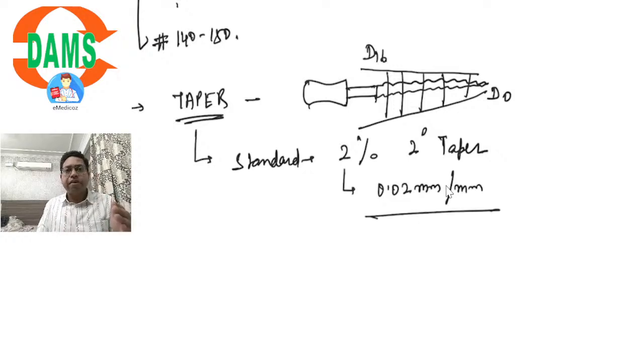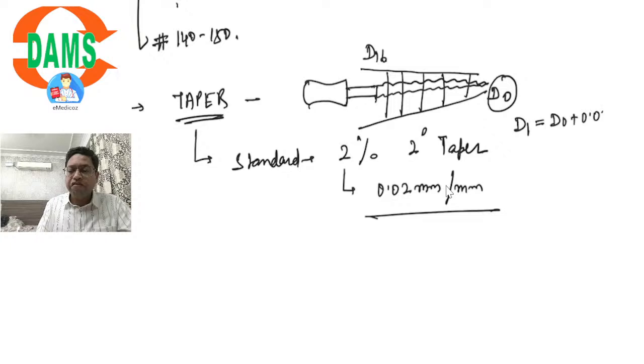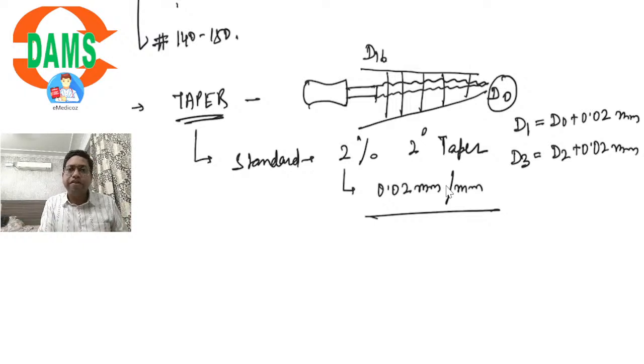Each successive diameter is larger than the previous one by 0.02 millimeter. So the diameter at the tip of the instrument is D0. What would be D1? It would be D0 plus 0.02 millimeters. Diameter at D3, 3 millimeters from the tip, would be D2 plus 0.02 millimeters. So each successive diameter is larger than the previous one by 0.02 millimeter.